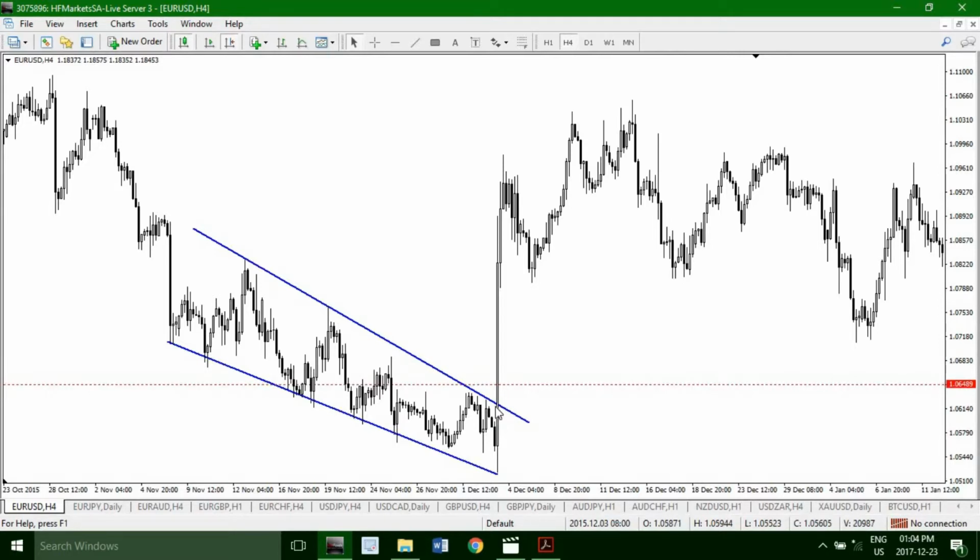And as you know, guys, personally I place 500 points, which is 50 pips, for my stop loss. So it will be at 1.05. I'd be looking at placing my stop somewhere around this level.